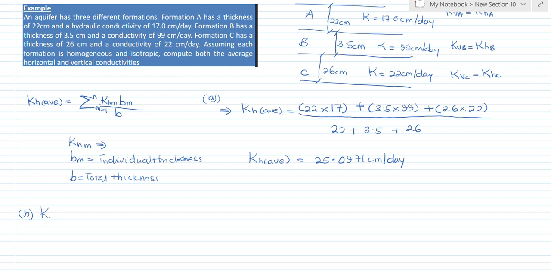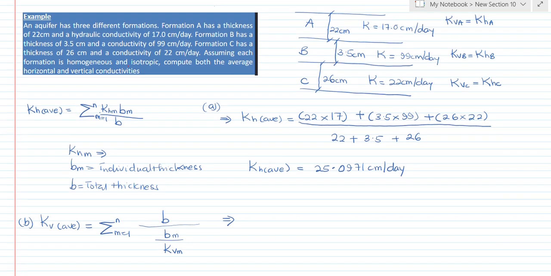The average vertical hydraulic conductivity is given by the total thickness B over the sum from m equals 1 to n of the individual thickness over the individual vertical hydraulic conductivity. So this is the formula.